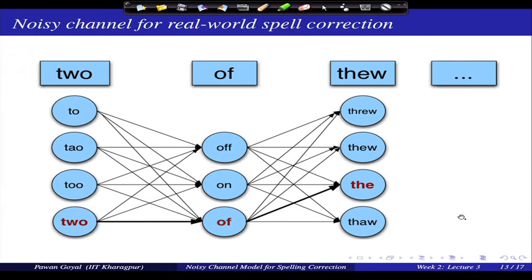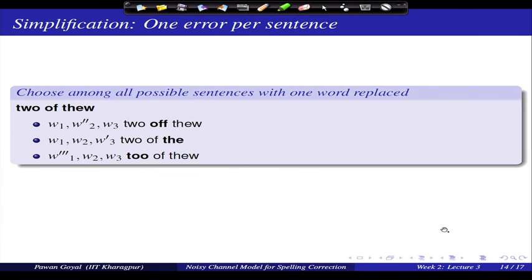So to avoid this problem, we make some assumption that is also a simplification to the model. What is that? We say, okay, let us assume that there will be at most one error in the sentence. So how does that help?